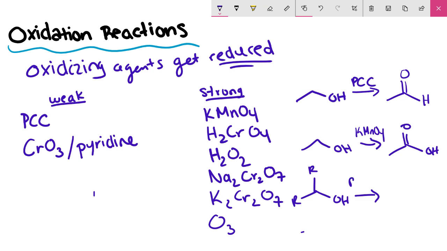So you could use PCC, you could use KMnO4, and this should be OR, and you'll still get a ketone. So that's pretty much what that is. So here we've got an aldehyde. Here we've got a carboxylic acid. Here we've got a ketone. So it really just depends what your reactant is and what oxidizing agent you use.